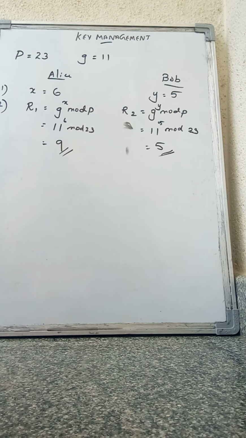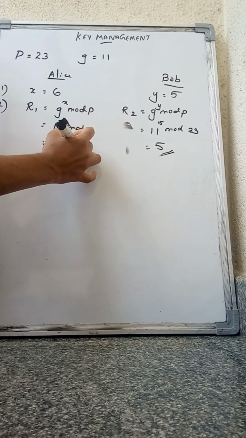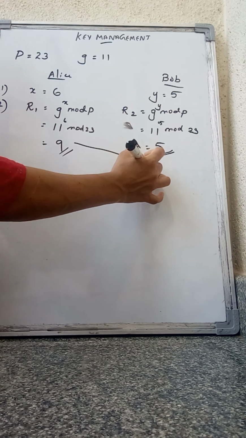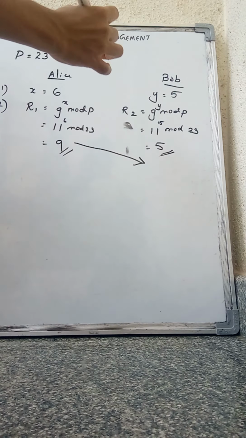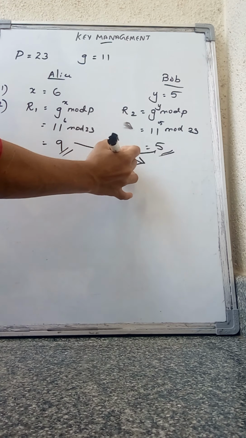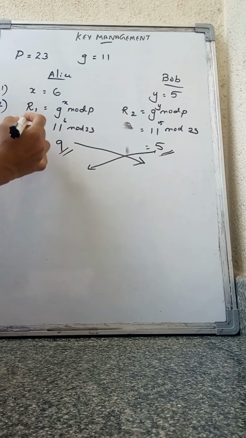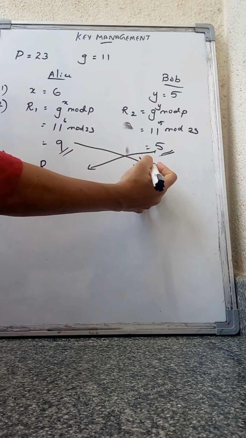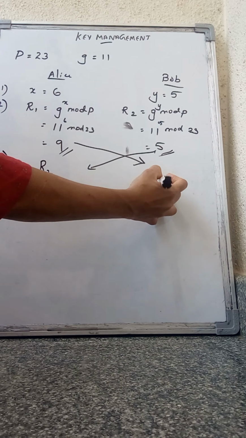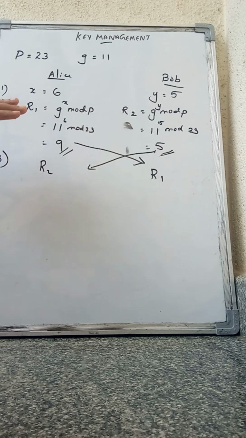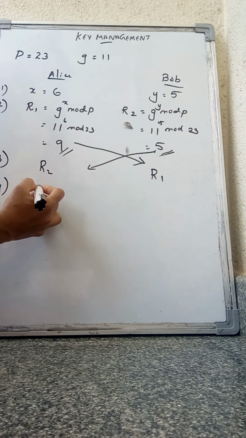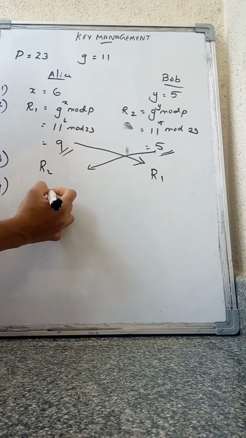The third step: Alice sends R1 to Bob, and Bob sends R2 to Alice. Alice receives R2 and Bob receives R1, so both of them know the values of R1 and R2. Then the next step is to calculate K, the secret key.